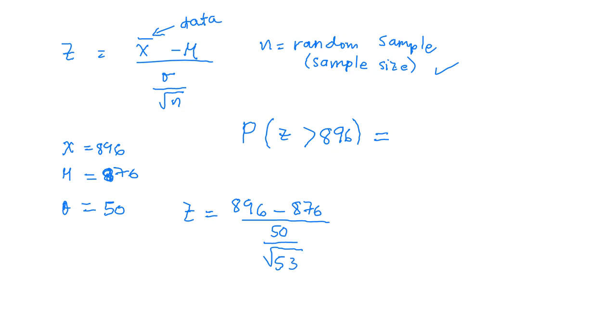All right. So what do we have here? Let me see. 896 minus 876 is 20 over 50 divided by the square root of 53.